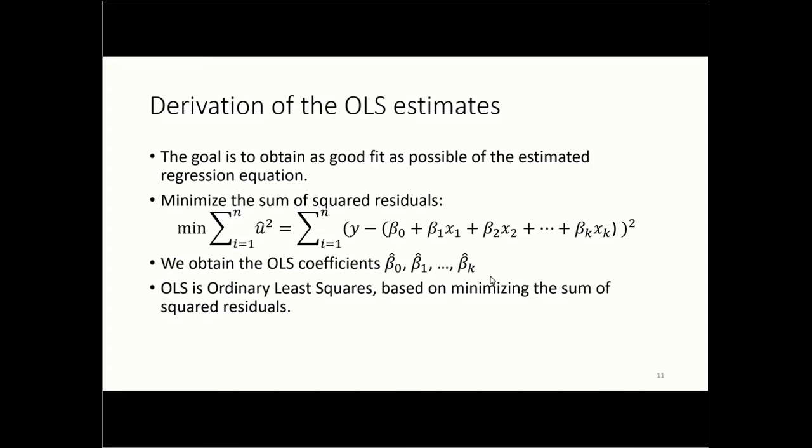Here, OLS refers to ordinary least squares, and it's ordinary because it's not weighted and it's the regular least squares. Least because we're minimizing, and squares because we're minimizing those sum of squared residuals.